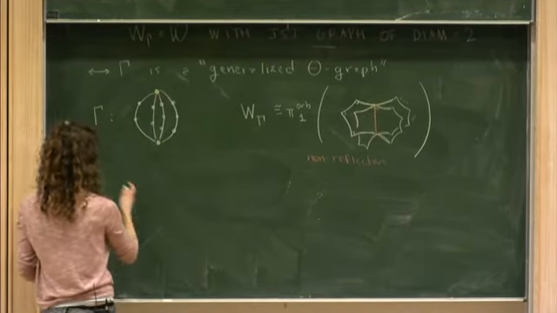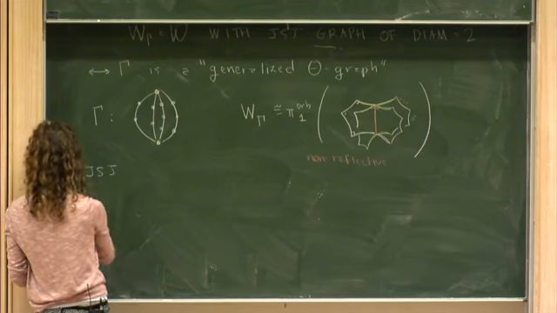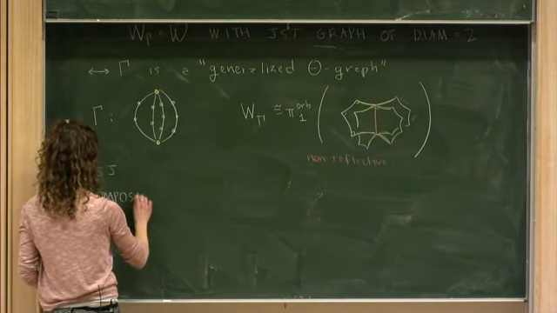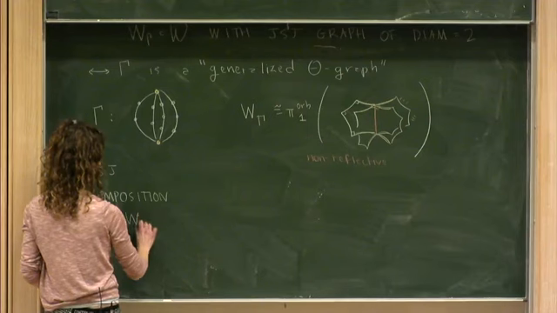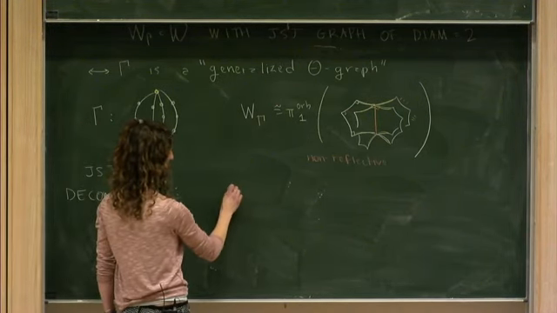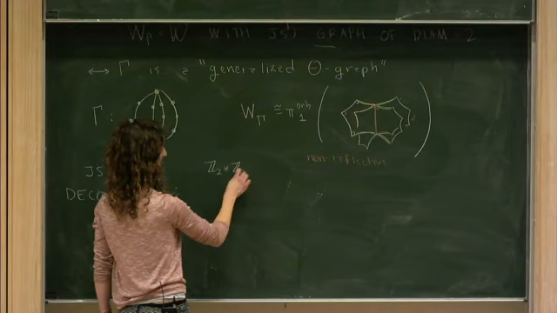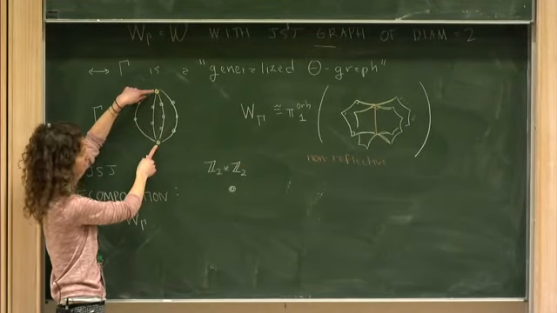So what is the JSJ decomposition of this group? It has one Z-squared vertex group, which is isomorphic to the infinite dihedral group, coming from the cut pair of vertices in the defining graph.